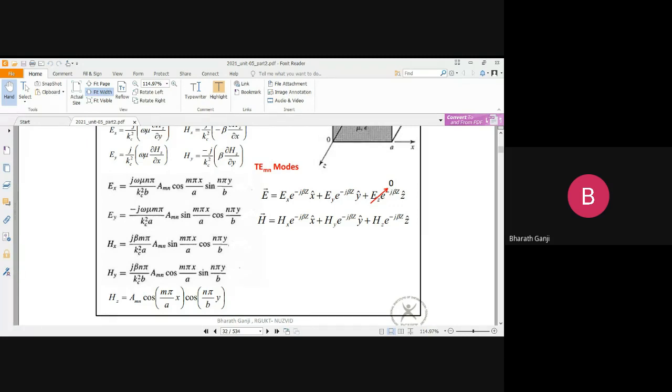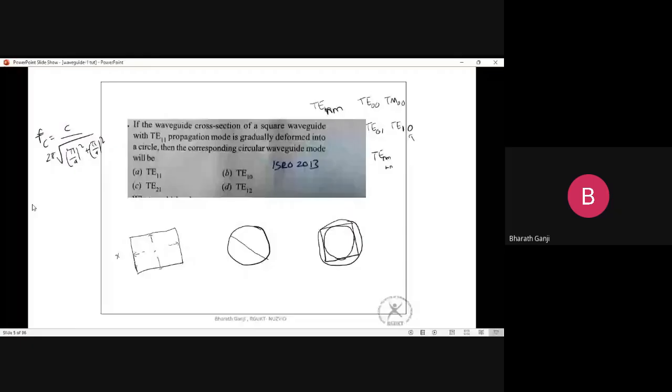Maybe I'll write it on this slide. One second, I have to change the presentation. So for a square waveguide, I have my x component as minus j times some constant of cos πx by a and sine πy by a. That is one thing I got.